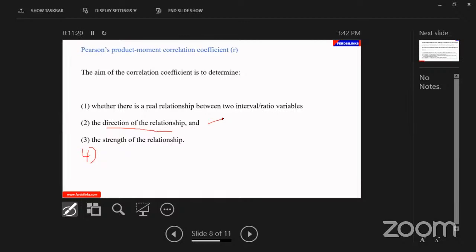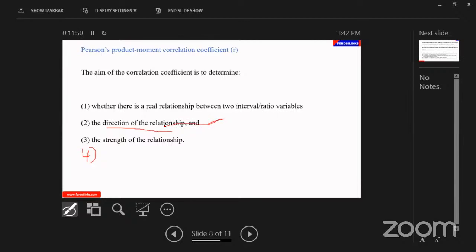It means the relationship is positive; they move in the same direction. If the more you study, the less you perform, then the relationship is what? Negative. If the more you study, there is no effect on your score, then there is no relationship. So the relationship can either be positive, negative, or no relationship at all, when it comes to the direction.